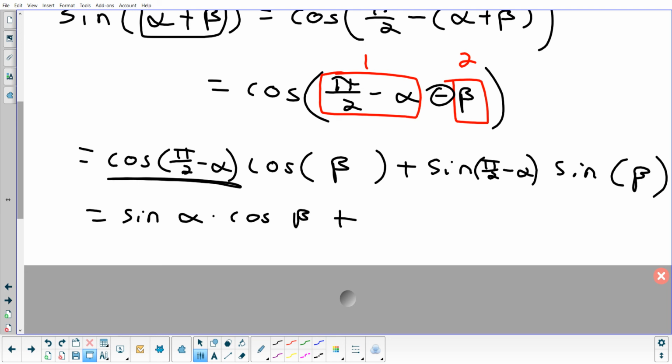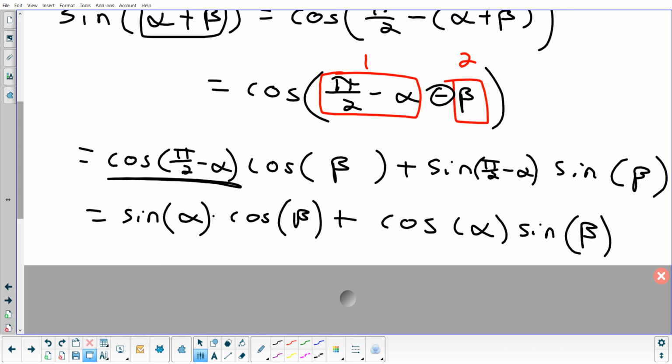Negative cosine? Or just cosine? Just cosine. Okay, whenever you take pi over 2 minus your argument, if it's a sine, it turns into cosine. If it was a cosine, it turns into a sine. Cosine alpha, sine beta.